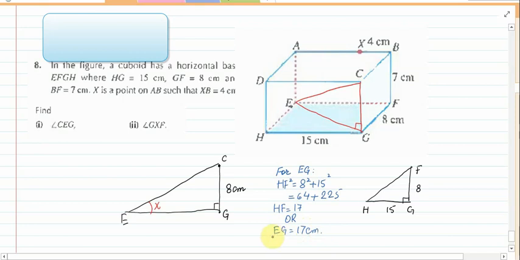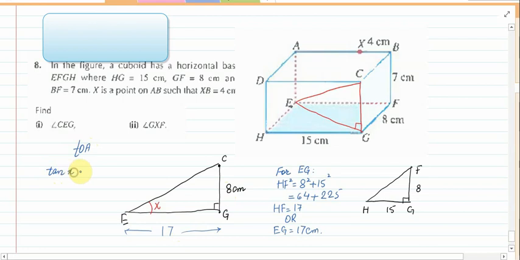Now I am going to use the value of EG here. The value of EG is 17, right? I can easily find the value of X by using trigonometry. If this is my angle, I have the values of opposite and adjacent. So opposite and adjacent comes in tan, so we need to apply tan here.